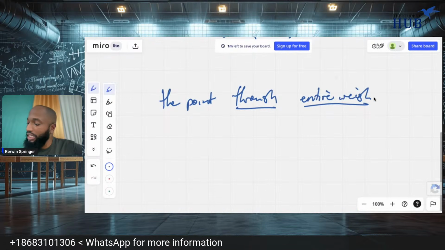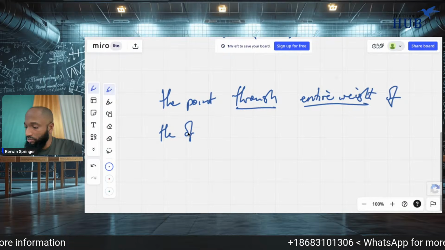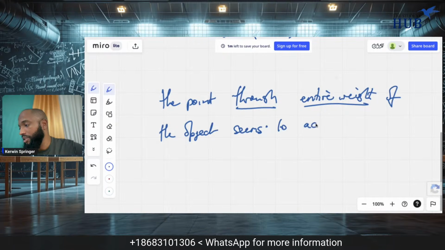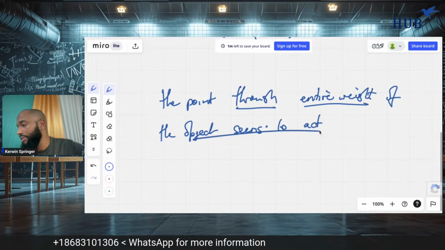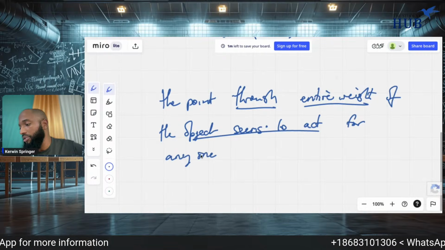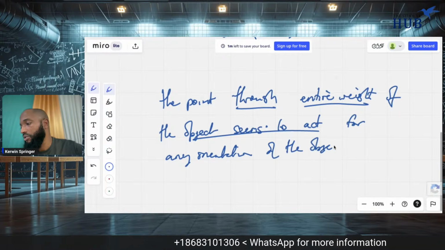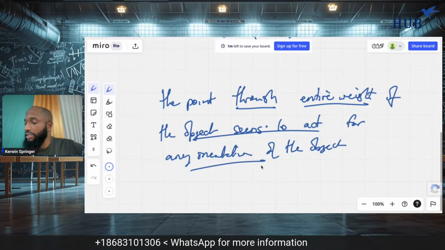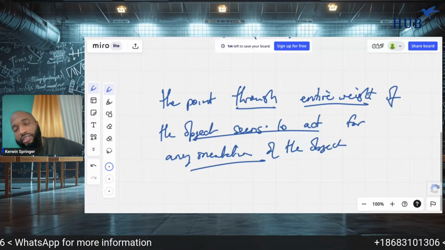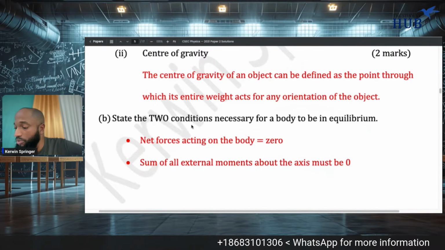So the point through which the entire weight of the object seems to act. And what's the last little piece? For any orientation of the object. Then you try it again and make sure you can repeat it without making any mistakes.